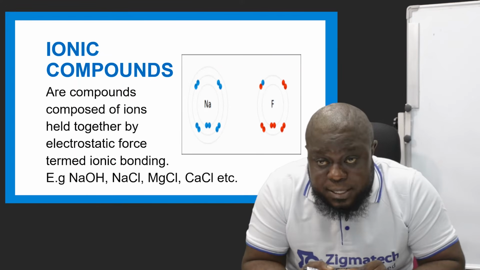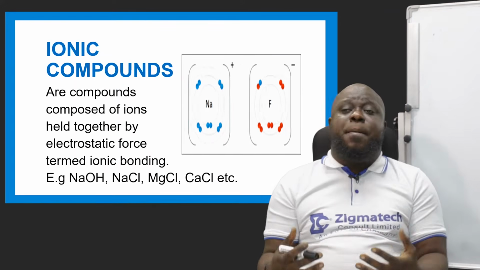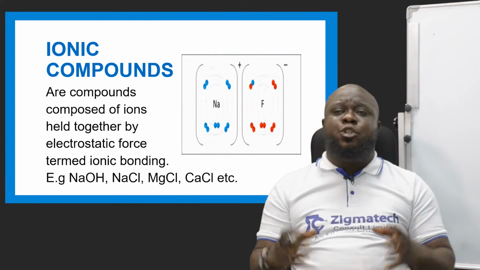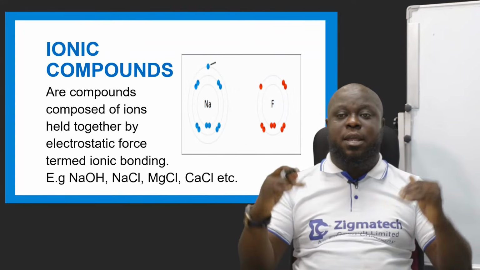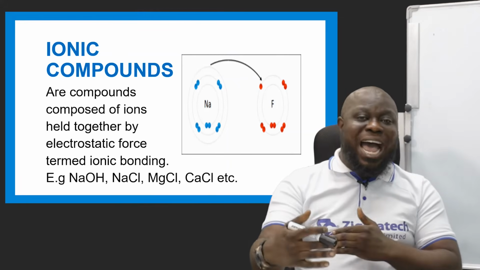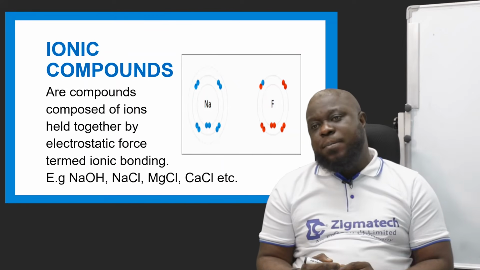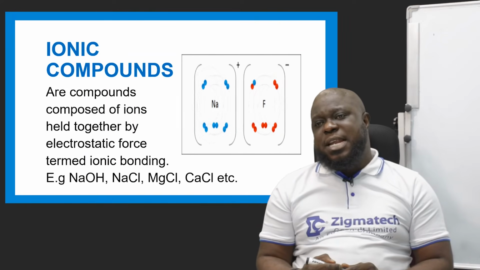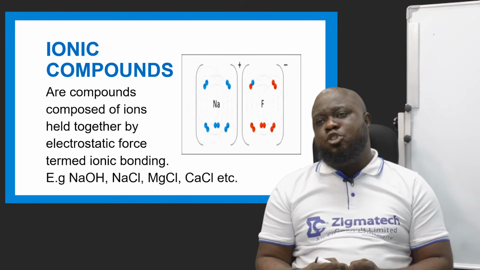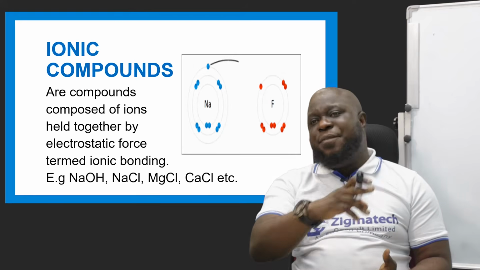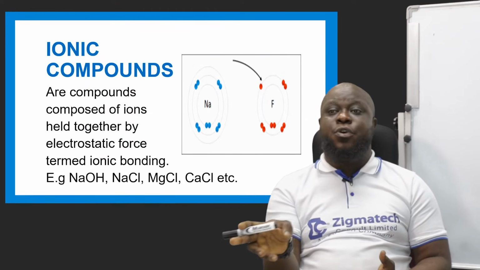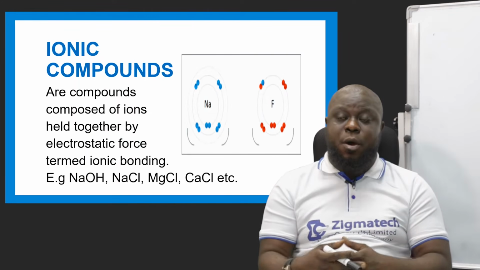In essence, these particular ionic compounds are formed between two electronegatives. When the two electronegatives are high, the ionic compound is formed. As you can see on your screen, there's an exchange between sodium and fluoride. The sodium is giving a charge to fluorine for them to form a compound.